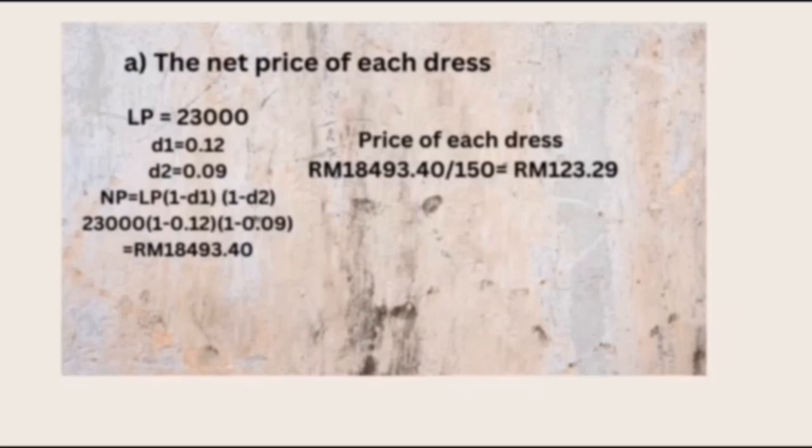The LP is RM 23,000. The trade discounts of this dress are 12% and 9%. The formula of NP is NP equal to LP multiply 1 minus D1 multiply 1 minus D2, and then substitute it: RM 23,000 multiply 1 minus 0.12 multiply 1 minus 0.09.